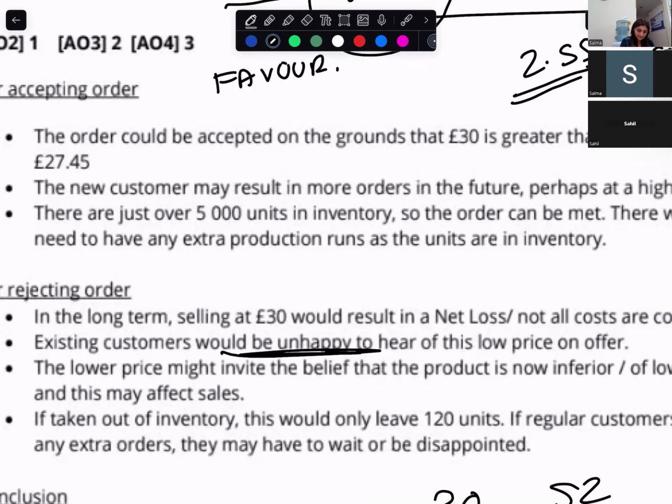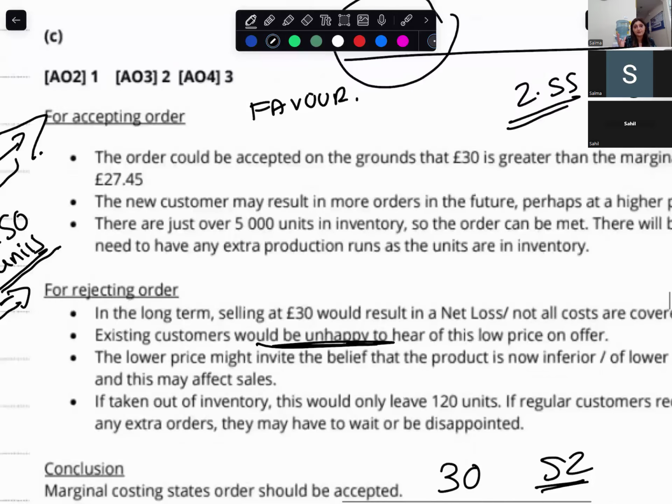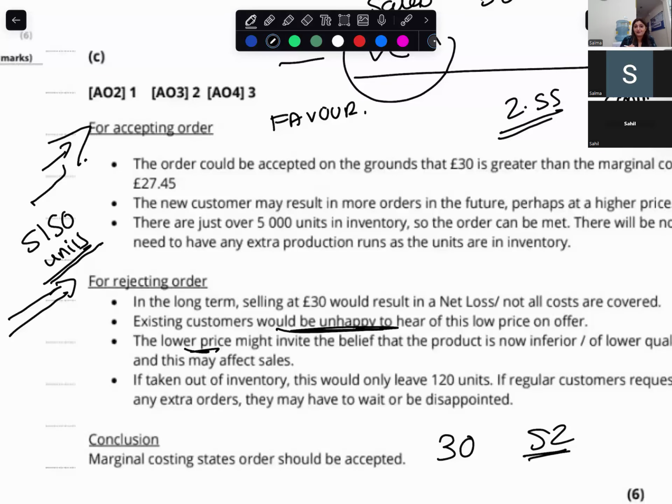If I am willing to give lower price to this customer, he may feel that my product is actually not of good quality. It is of inferior quality. Maybe our existing customers in future would ask us to even reduce the price, which would not be possible for us.